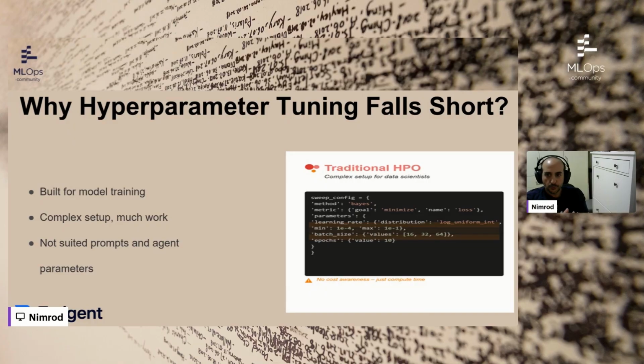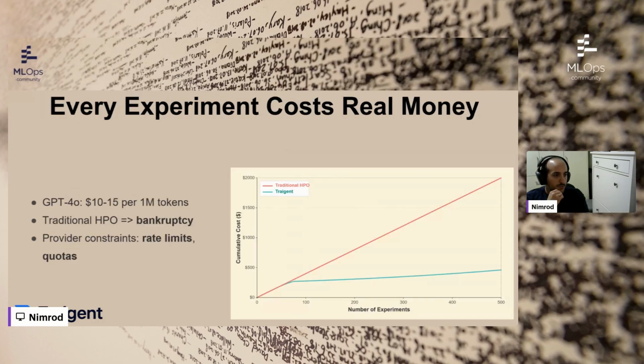And it's not very suited if your parameters are things like prompts or different parameters that are affecting the agent, like temperature. I mean, yeah, it's continuous, but do I really want to go over a continuous variable, or maybe I just want to try out a few options?